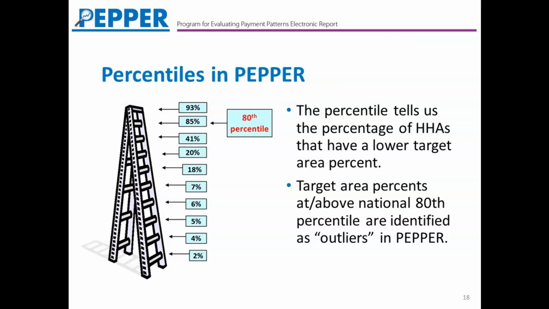And that point is identified as the 80th percentile. So any agencies that have a target area percent that is at or above the national 80th percentile will be identified in the PEPPER as a high outlier. A high outlier is identified in the PEPPER target area tab data by red bold font. A high outlier outcome could potentially mean overcoding, or it could just mean that your statistics look different for another justifiable reason.